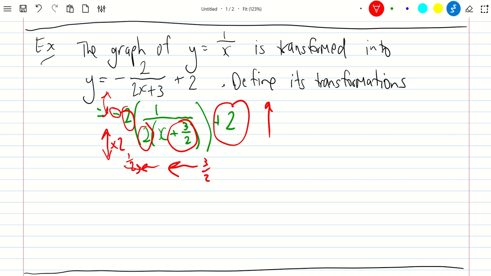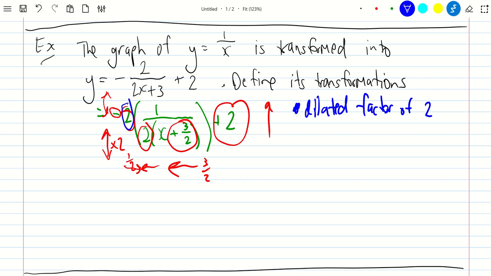So now that we've done this, let's write down the transformations using the language. Let's just do DIRT. So dilations first. It's dilated by a factor of 2, and this is the one in the y direction, this one here.